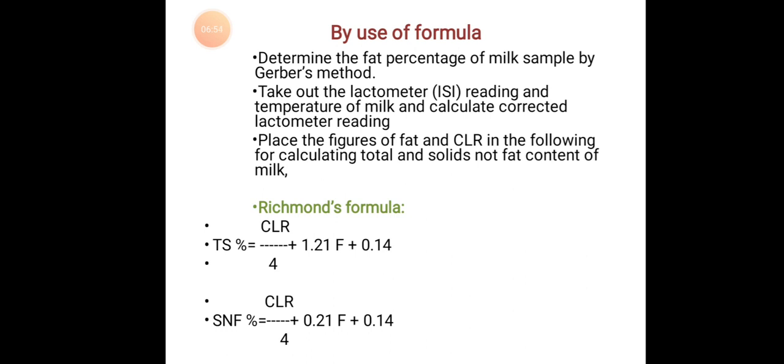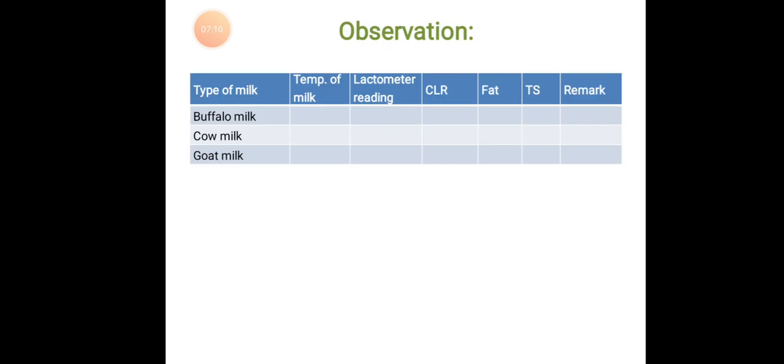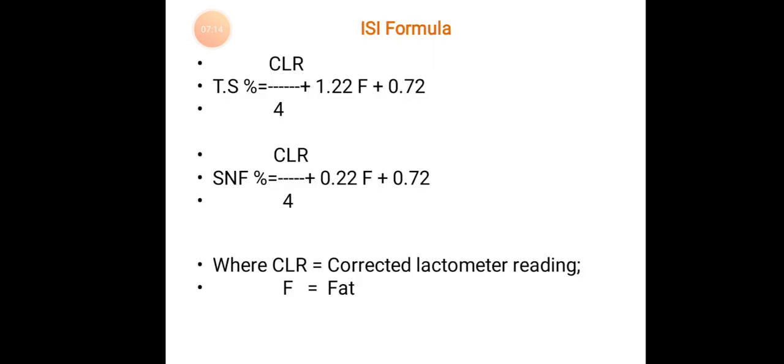Richmond's formula: TS percentage is equal to CLR by 4 plus 1.21 F plus 0.14. SNF percentage is equal to CLR by 4 plus 0.21 F plus 0.14. Observations can be noted down in the table given in this slide.